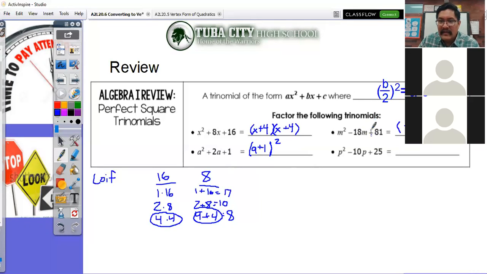So again, this sign means that they are going to be the same if it's positive. It does not mean they are both positive. In this case, actually, they are both negative, because negative 9 times negative 9 is positive 81, and negative 9 combined with negative 9 makes negative 18. So that's how we know this works.